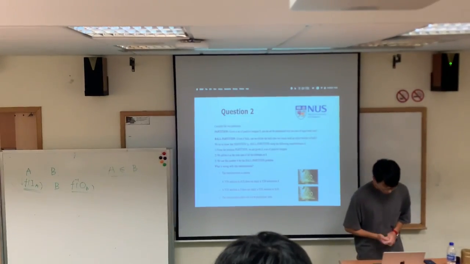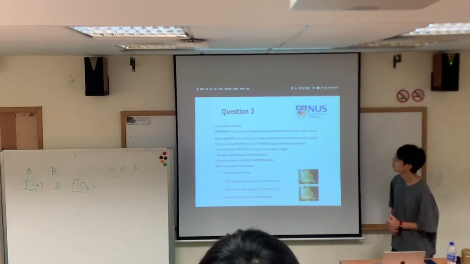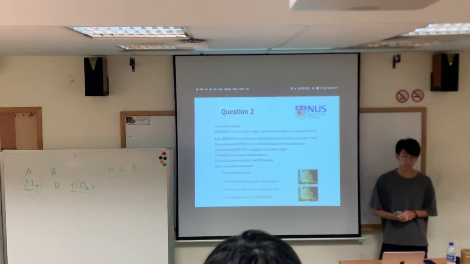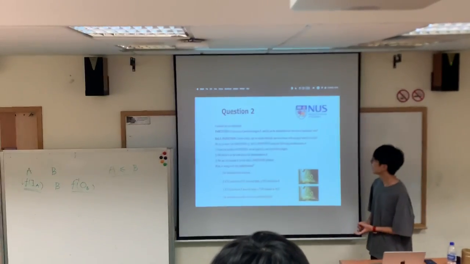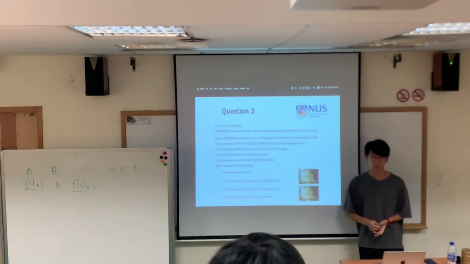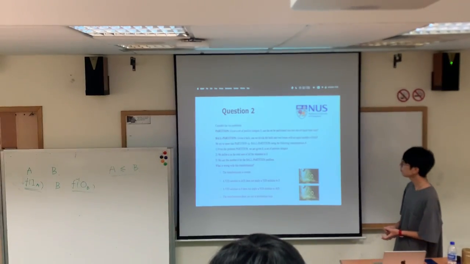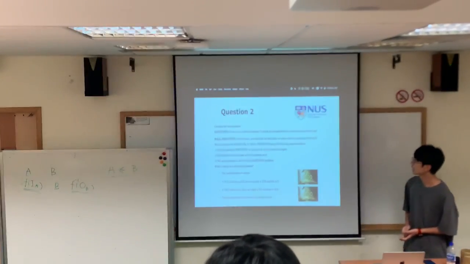Okay, for Q2, we have the partition problem. You have a set of integers S, and you want to divide the set into two parts such that they have equal total sum. This is the partition problem. There is another problem called ball partition.